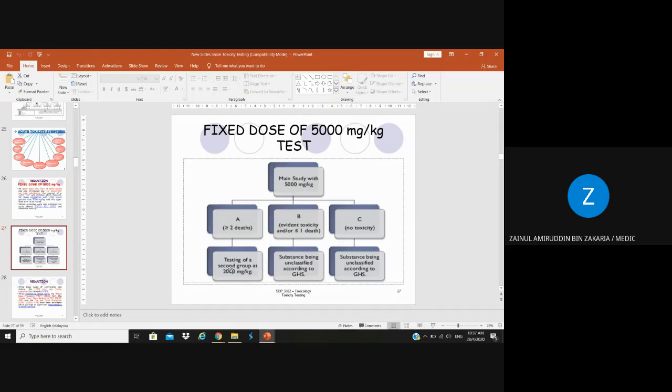If there is evidence of toxicity or less than 1 death, then the substance can be unclassified according to GHS.